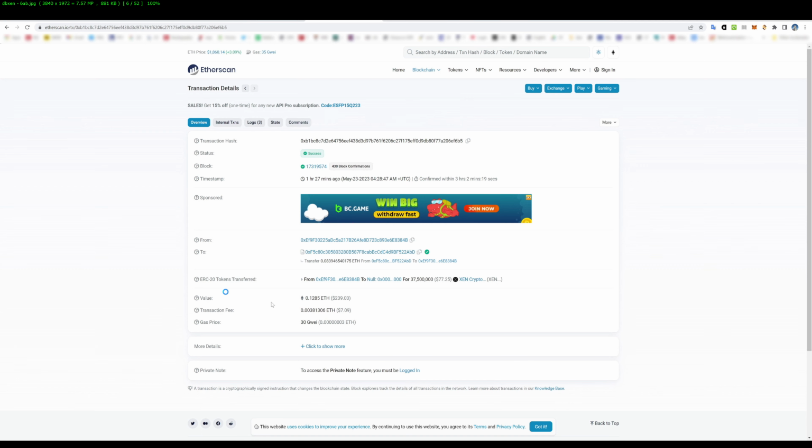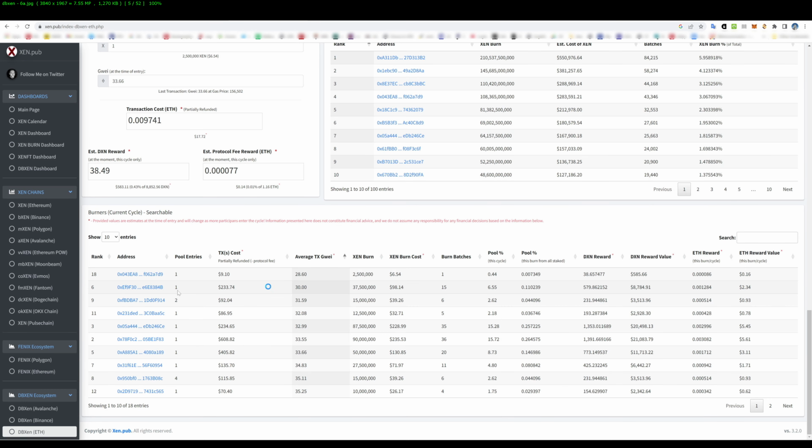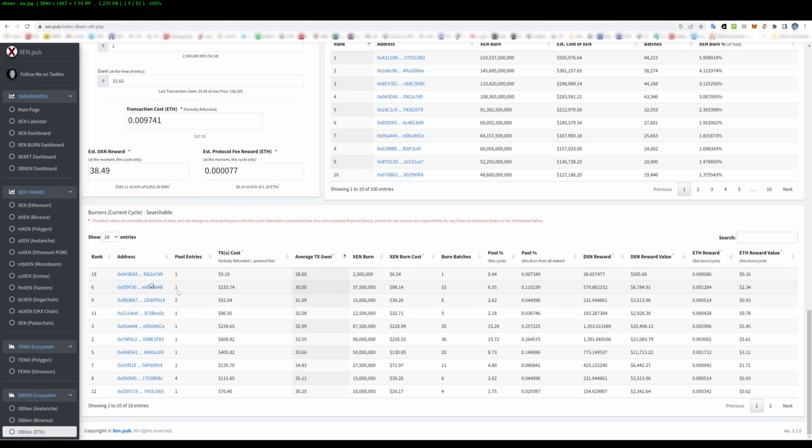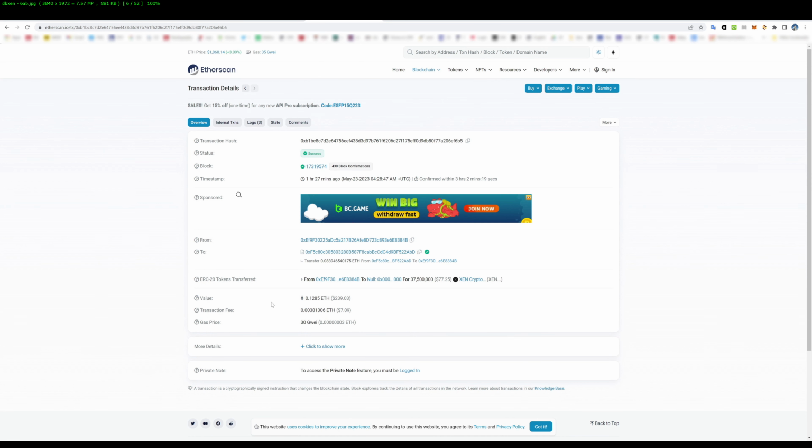You click on the address and find the burn batch. On that address's transactions, you click on the one that says burn batch. There will be a silver or gray button with transaction names, and someone will say burn batch, and you click on that one, and here is the transaction.